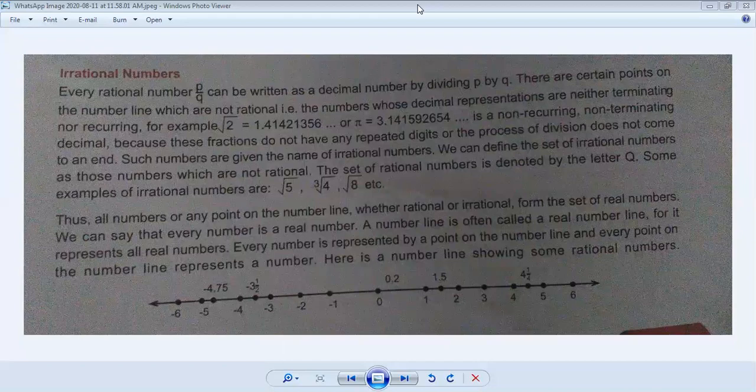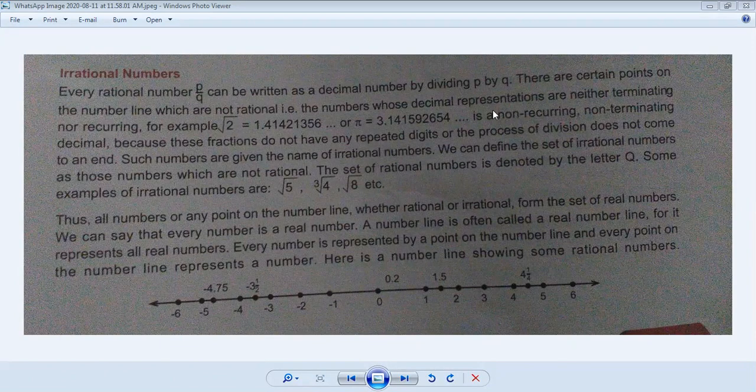When you are dividing a number by another number, either you get a proper decimal number where the division gets completed, or you get an answer where a single digit repeats again and again. That is called recurring. For example, sometimes when you are dividing a number, you get 1.33333. The number does not get divided completely, but a single digit keeps on repeating. That is called recurring.